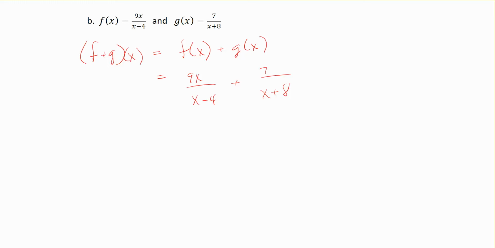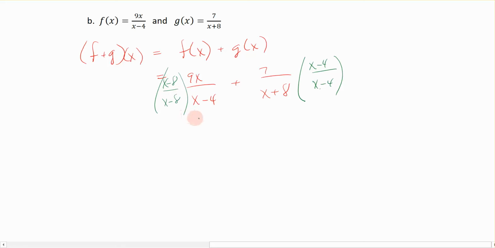The easiest way to create a common denominator is to take the two denominators that you see and multiply each fraction by the opposite denominator. In other words, I'm going to multiply this fraction by x minus 4 over x minus 4, and I'm going to multiply this fraction by x plus 8 over x plus 8.